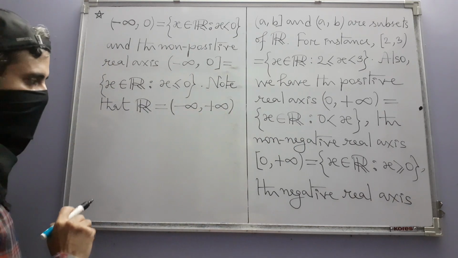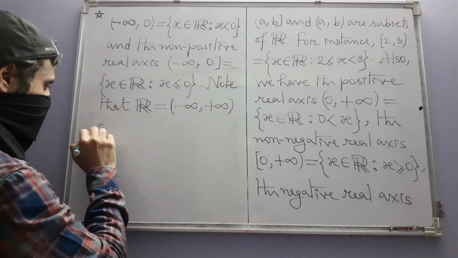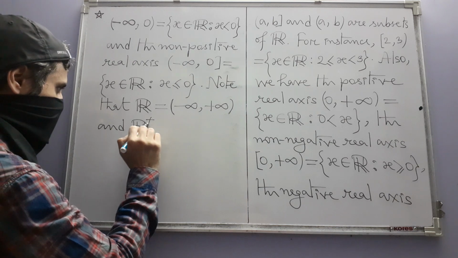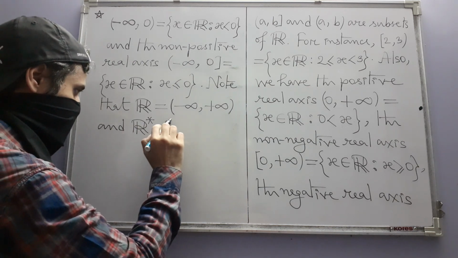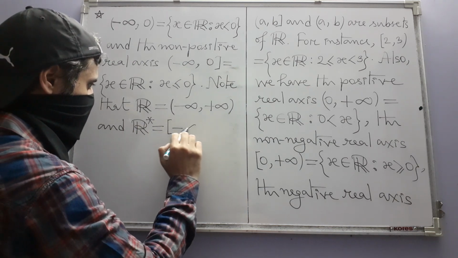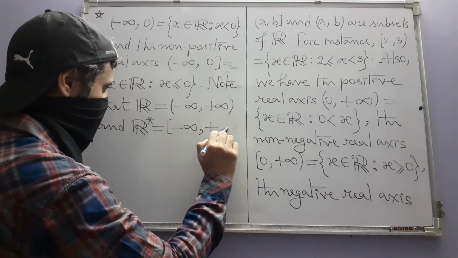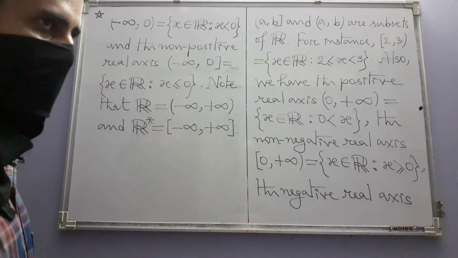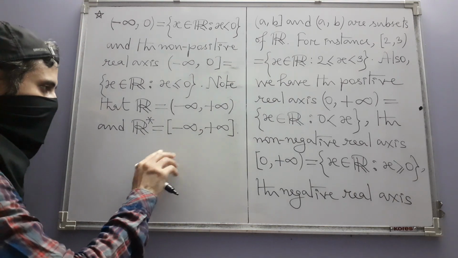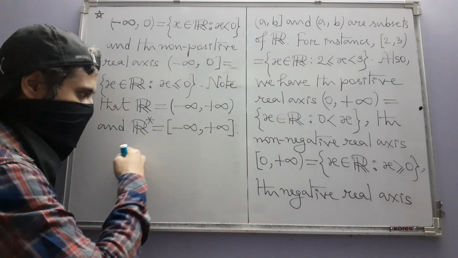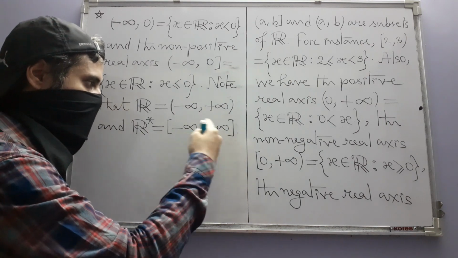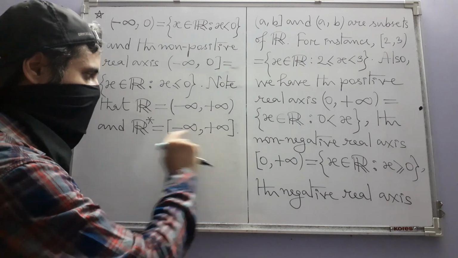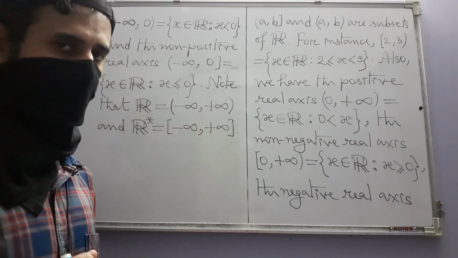That's why we have this equality. And the extended real number system, that entire set itself, is a closed interval. So in this case we do have the square brackets, because any extended real number is greater than or equal to minus infinity and less than or equal to plus infinity. The possibility of x being equal to one of these things is there.